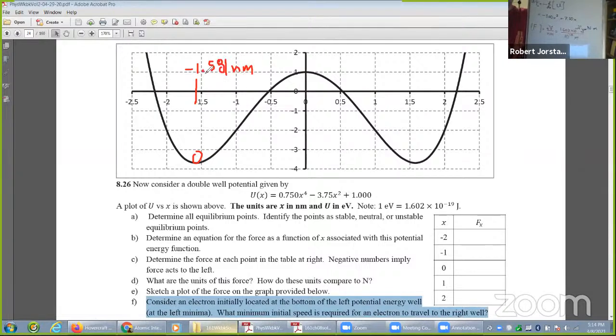Okay. Got it. And I'm asking, how fast does it need to be going to get over here? What do you think? Any ideas how we could approach this?